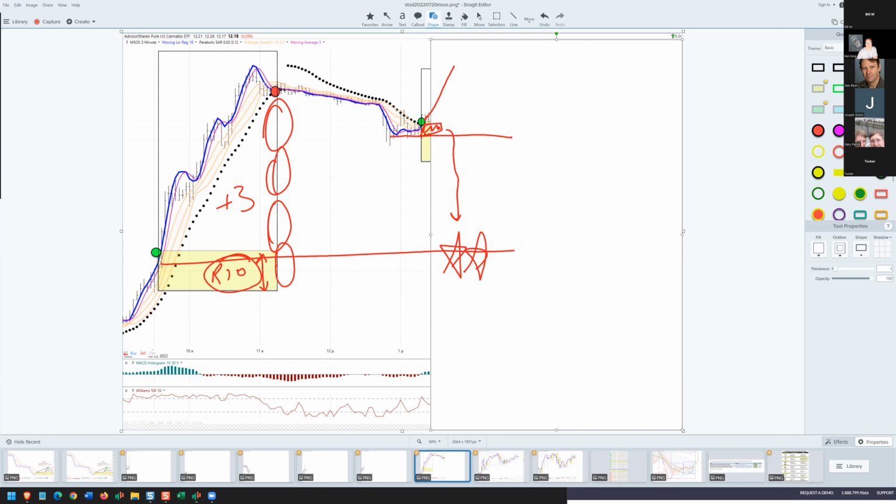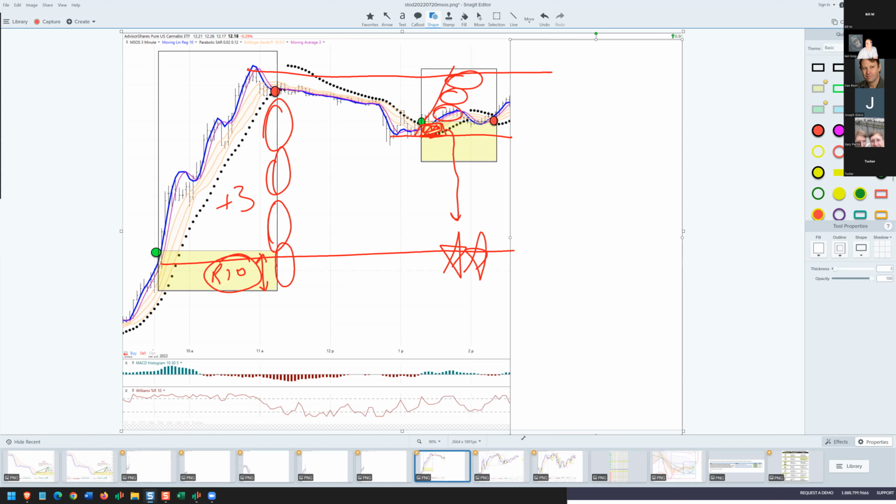But if it works, it's got to get above this RL10 to be interesting. So I'm really only risking a little piece. Something like that. Scratch.